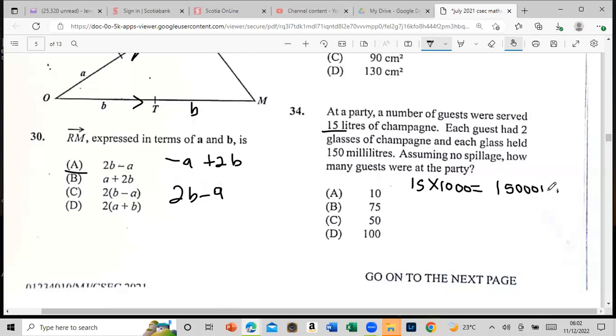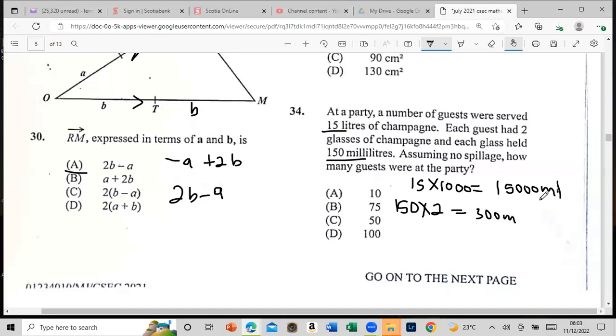So in all, I would get 50,000 milliliters. That's my first approach. Let's see what they gave us. They told us that each guest had 2 glasses, and each glass was 150. So each person drank 150 times 2, which is 300. Each person is going to get 300 milliliters.